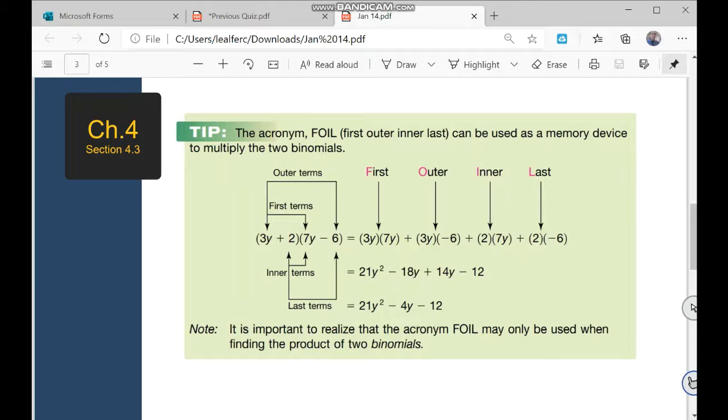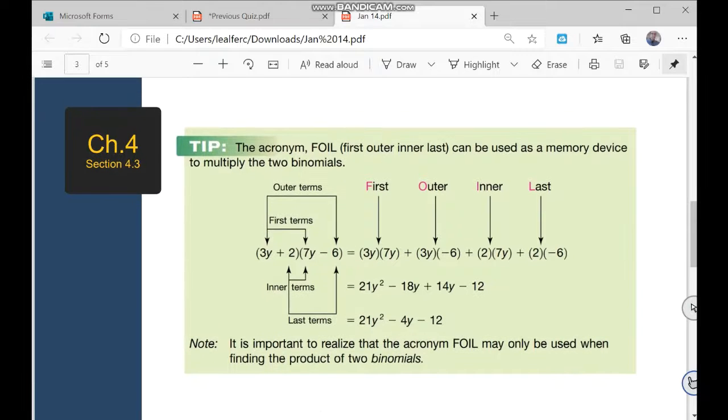Is this thing here. It's called FOIL. This is what we will apply to solve our quiz today, and it's kind of a shortcut. You can use the FOIL method to solve binomial times binomial, and you're gonna skip several steps and find the answer in a much easier and faster way.